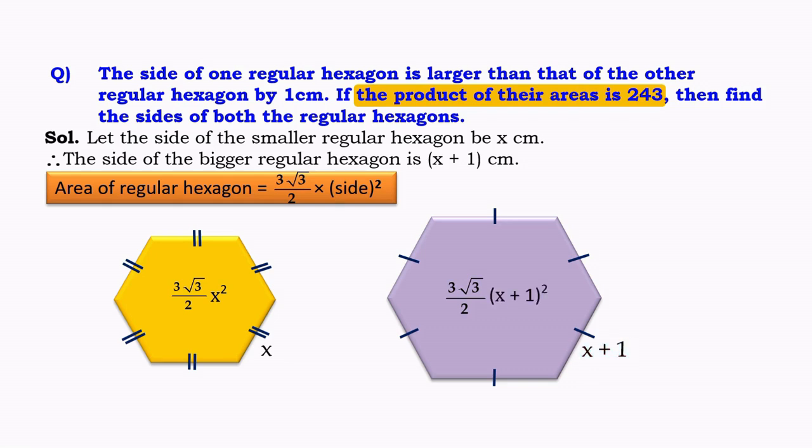According to the given condition, the product of these two areas is equal to 243. Therefore, 3 root 3 by 2 multiplied by x squared multiplied by 3 root 3 by 2 multiplied by the square of x plus 1 is equal to 243. Now we will simplify this equation and form a quadratic equation to find the value of x.